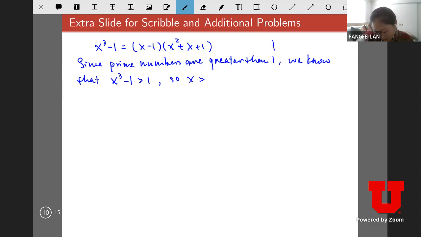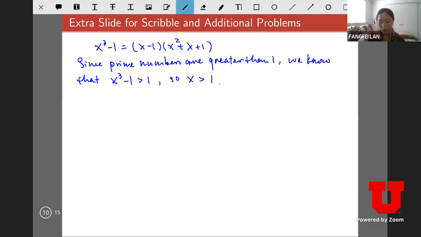So x is greater than 1. Is that simple enough to see? I mean, you can move it to the right and figure it out. Just do some simple algebra. So we have x is greater than 1.